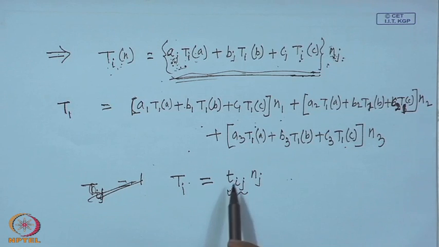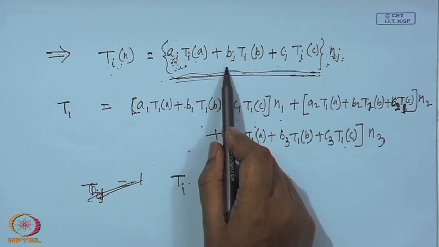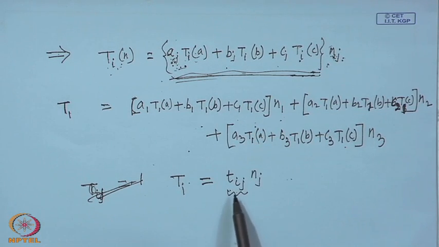And this t i j, you can understand what is the meaning of it. t i j is, of course, force per unit area in the direction i on a plane to which j is normal. We are not mentioning that at position x at time t, that is always there.